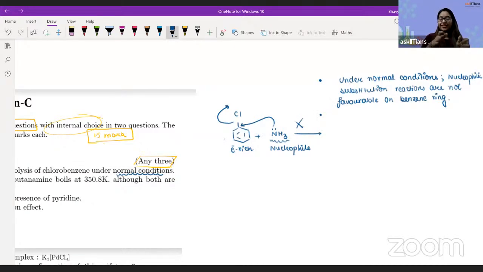So when you write this answer, you will say that the ammonolysis of chlorobenzene will not take place under normal conditions. This is due to the first reason.